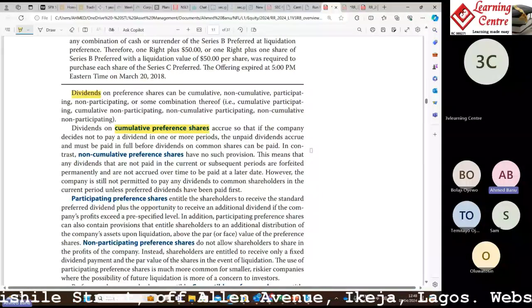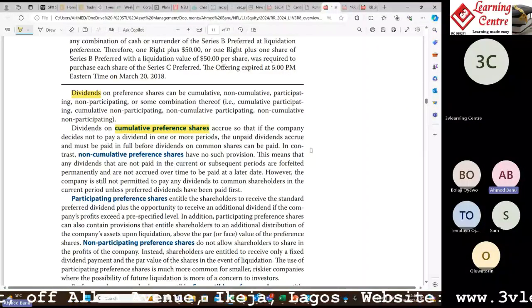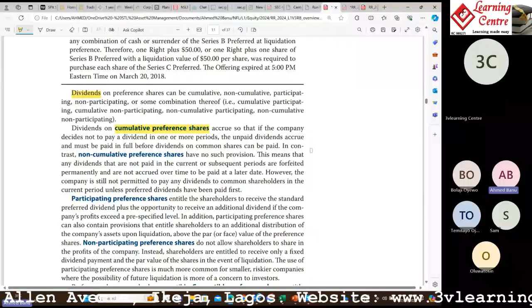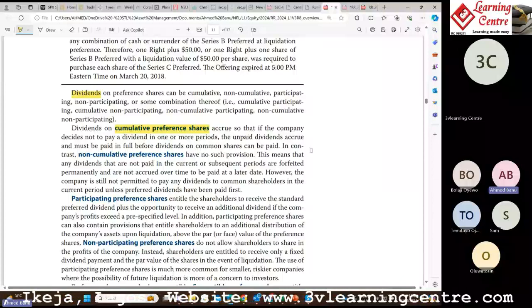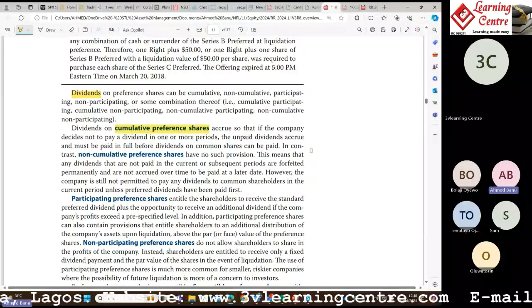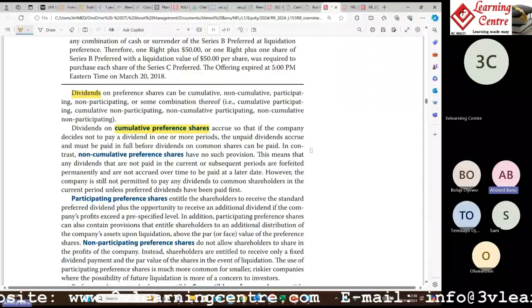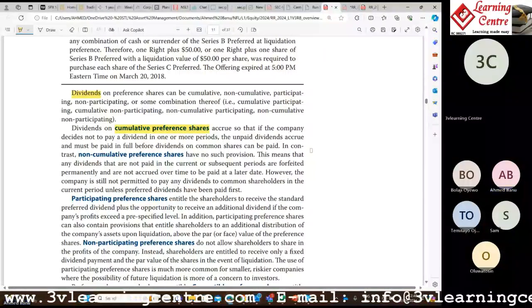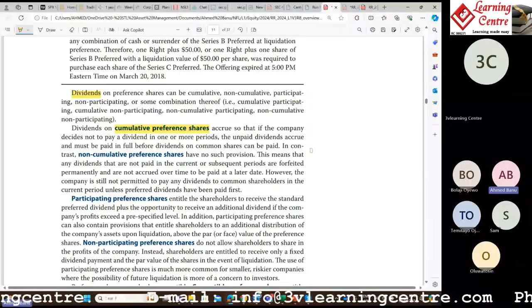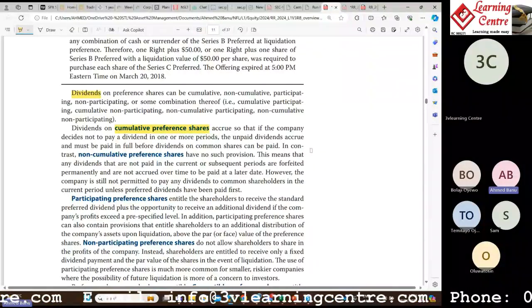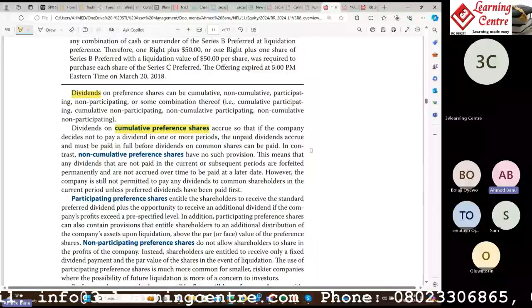Now, what participatory preference shares is saying is that in a case where the company exceeds profitability of 10 naira, for the amount in excess of that 10 naira, the preference shareholders are going to get X percentage of it. That's what we call participatory preference shares. So if the company next year gets 11 naira, preferential shareholders are saying, okay, we're going to get 10% of that.